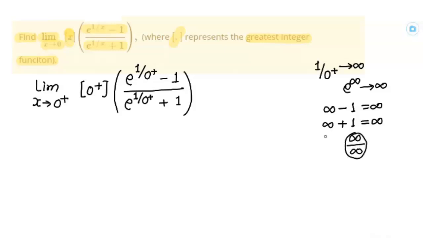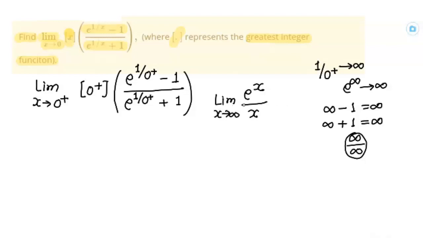How do we solve infinity upon infinity? We see which infinity is greater. This is the concept: whenever you face infinity upon infinity, always try to see which infinity is greater. Let me explain this concept. Consider the limit as x tends to infinity of e^x upon x.